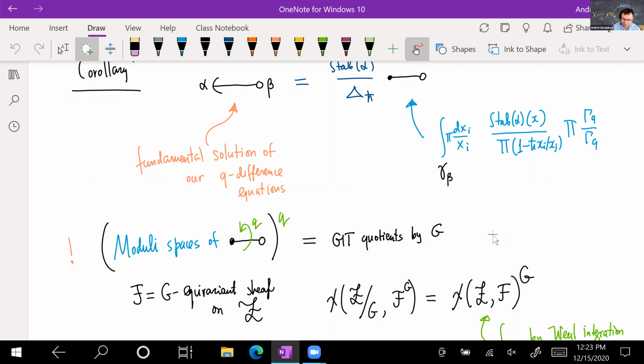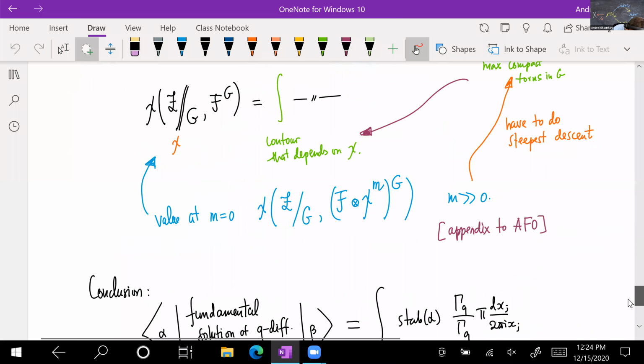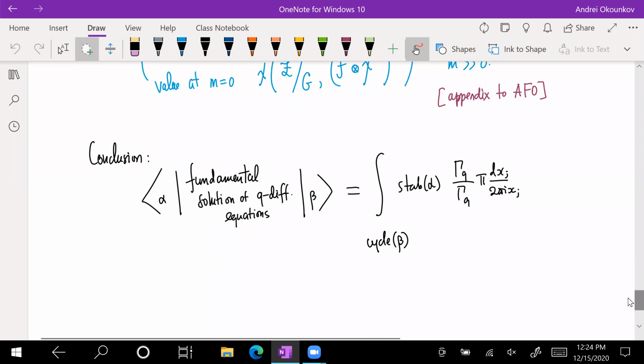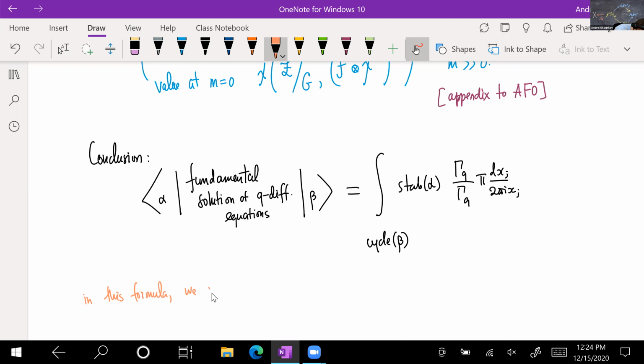Okay. So we have a formula now. And so now in this formula, we can take the limit q goes to 0.